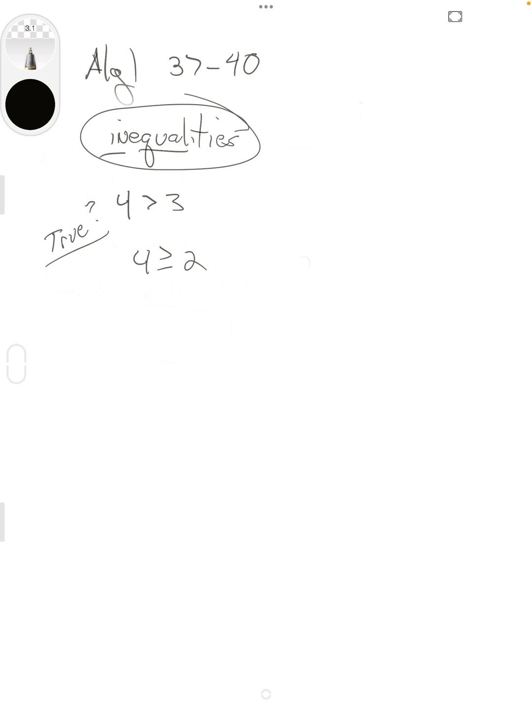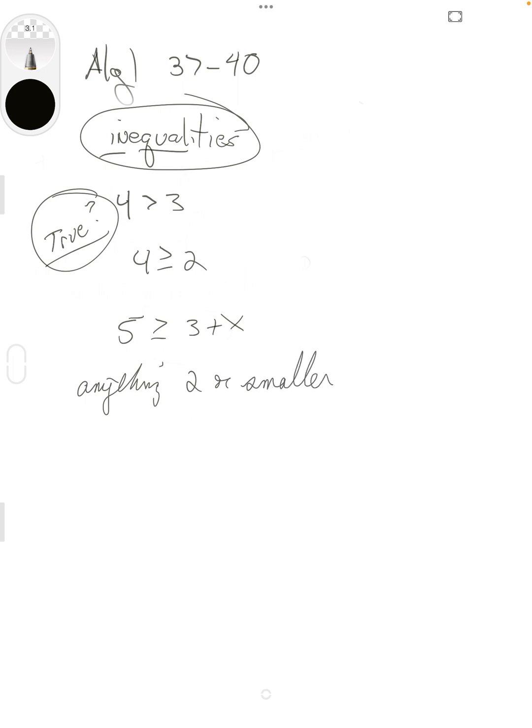So for example, 5 is greater than or equal to 3 plus x. And so you're saying, okay, what is going to make this true? Well, anything 2 or smaller will make this true, because 3 plus 2 is 5, and 5 is greater than or equal to 5.